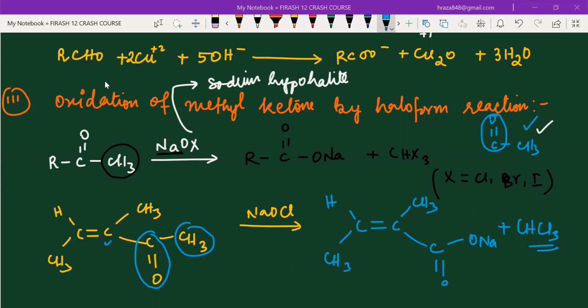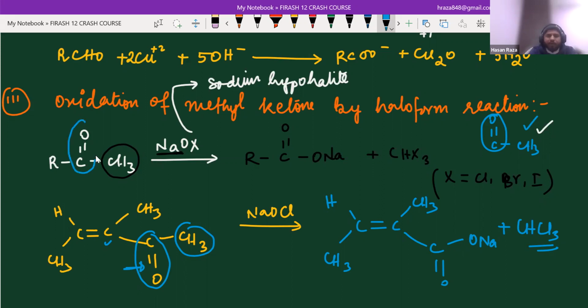I just told you that the haloform test will show only when the compound has a CH3 group attached adjacent to the C=O group.